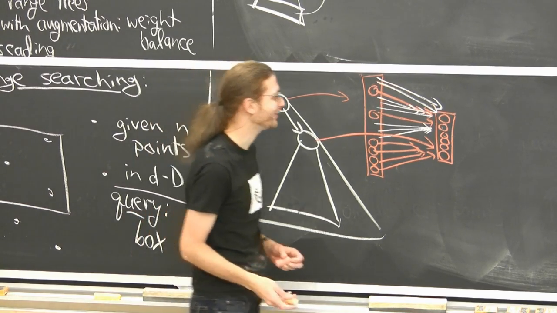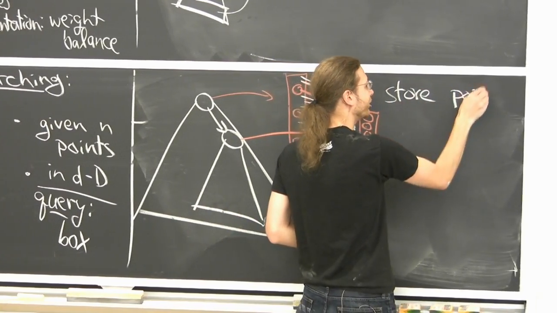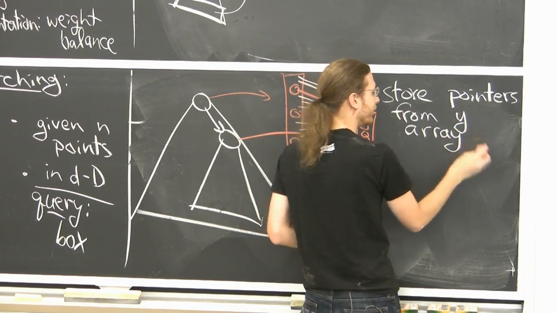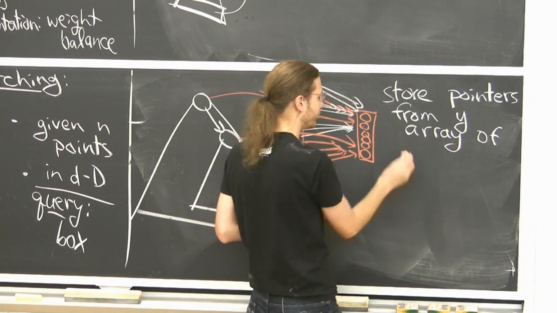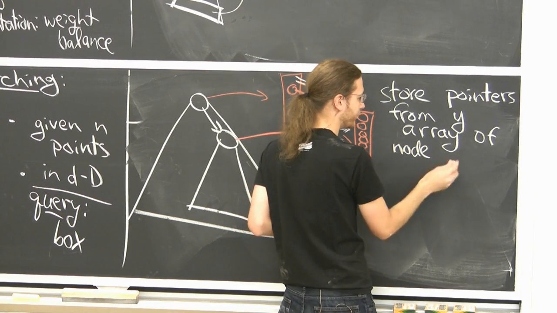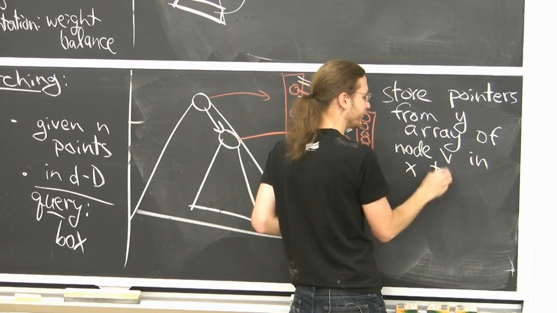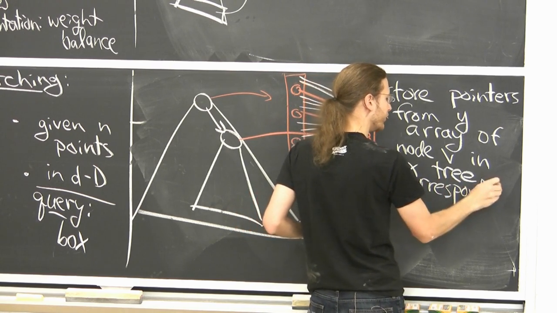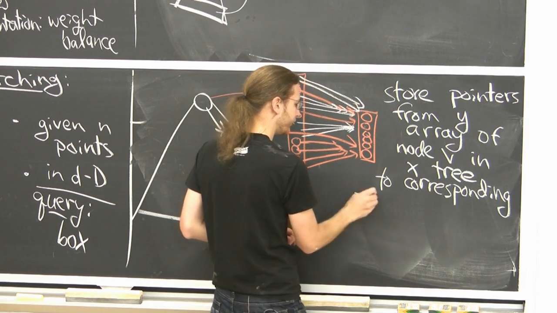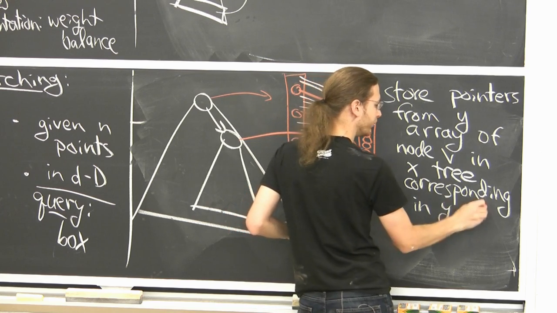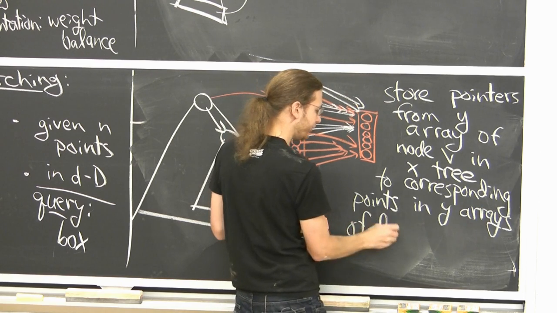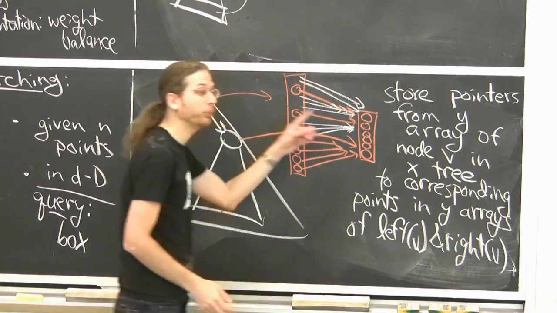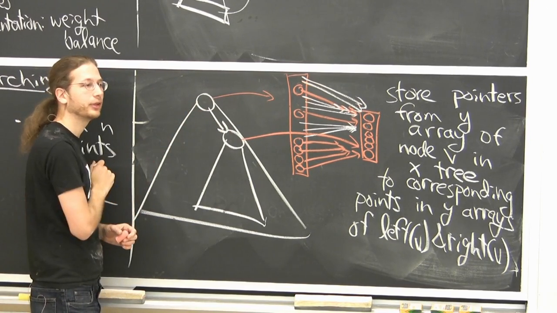Okay, let's think about what this means. I'm going to store pointers from the Y array of some X node, let's call that node V in the X tree, to the corresponding points in the Y arrays of the left child of V and the right child of V. So actually every array item is going to have 2 pointers, one if you're going right in the X tree, one if you're going left in the X tree.